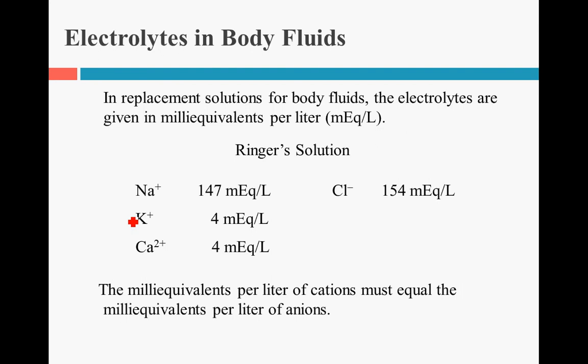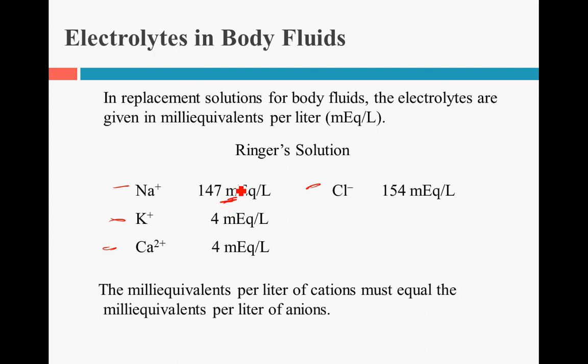So just to give you some idea of some electrolytes that are really important for biological purposes: sodium, potassium, calcium, chlorine. Those are all very important for the bodily fluids. Ringer's solution is something that's supposed to be equivalent, the same or similar ionic ratio as blood or as other fluids in the body, so that way if you need to give somebody an IV, you give that person Ringer's solution.